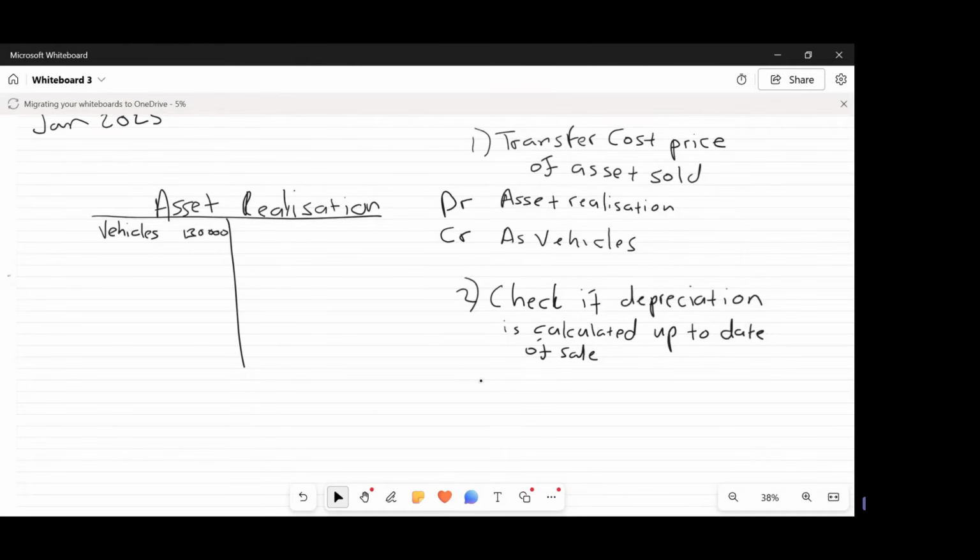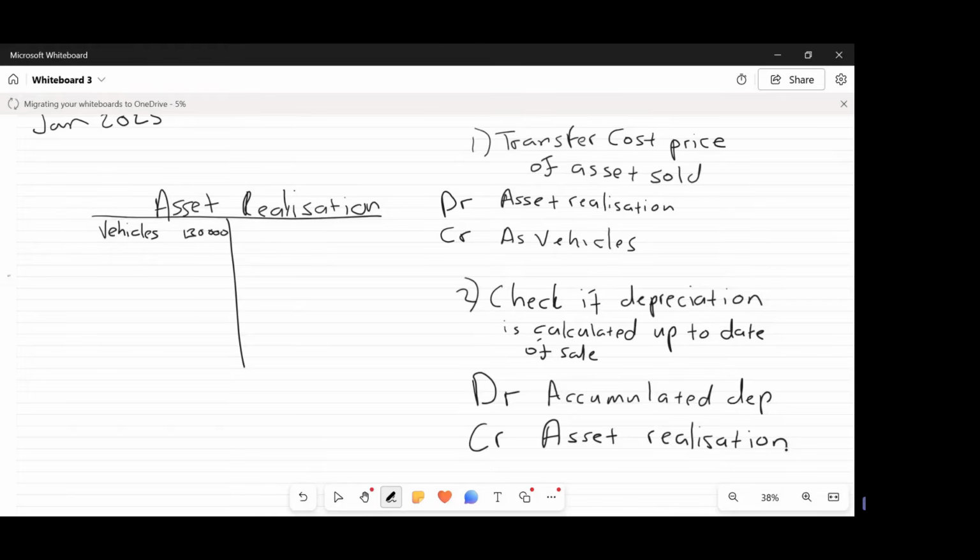So what you do here, you debit accumulated depreciation, and then you credit your asset realization. The reason being, accumulated depreciation has a credit balance. You know that, right? Yeah.